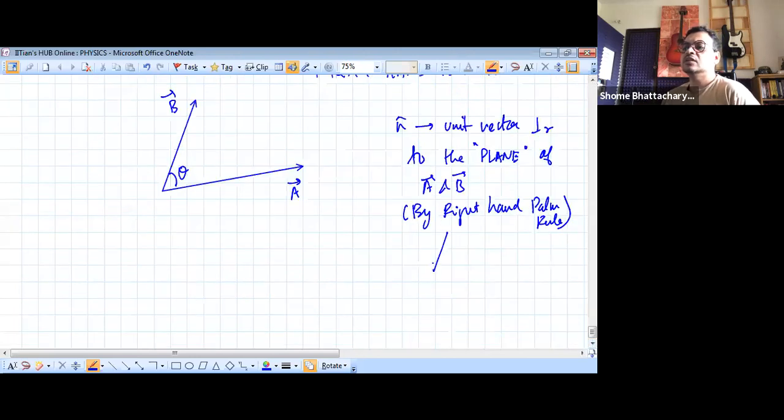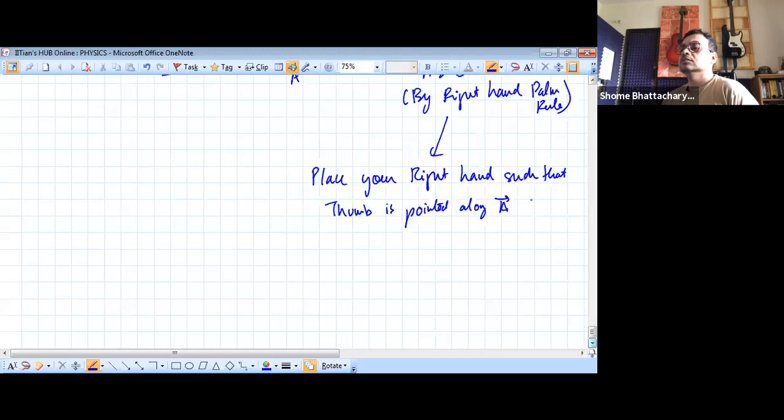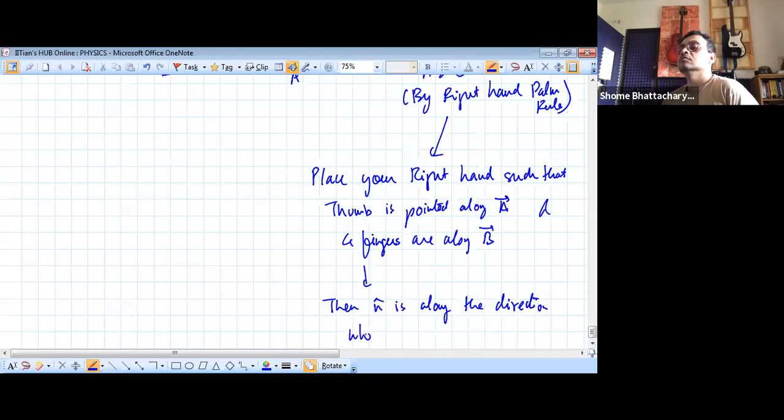Place your right hand such that the thumb is pointed along the vector A, and the four fingers are along B. Then n cap is along the direction where the palm faces. Okay.